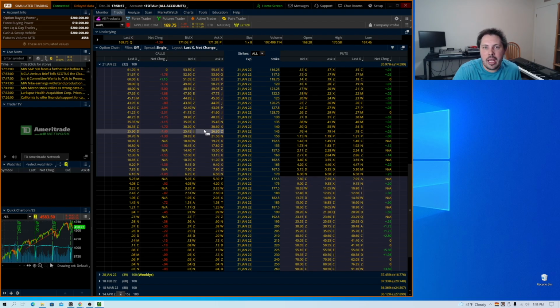Now, every day that the markets are open for any given type of asset, let's call it a number line, right? This number line of where the underlying asset is trading is always fluctuating and moving, okay? And it's really important to understand these concepts of what in the money options mean.